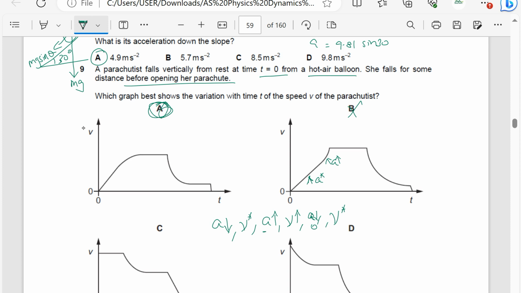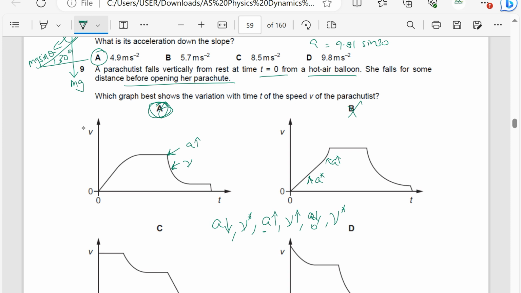Acceleration decreases to 0 and v becomes constant. Here it is opening the parachute at this point. When you open the parachute, the acceleration increases in the opposite direction. That's why you see the gradient here is increasing. Then, after some time, you notice that the velocity is decreasing, of course.